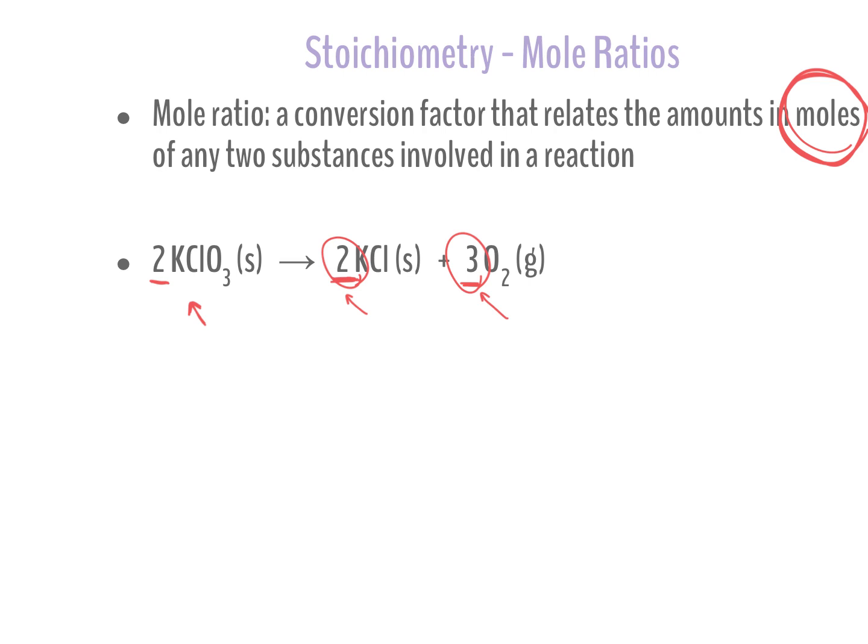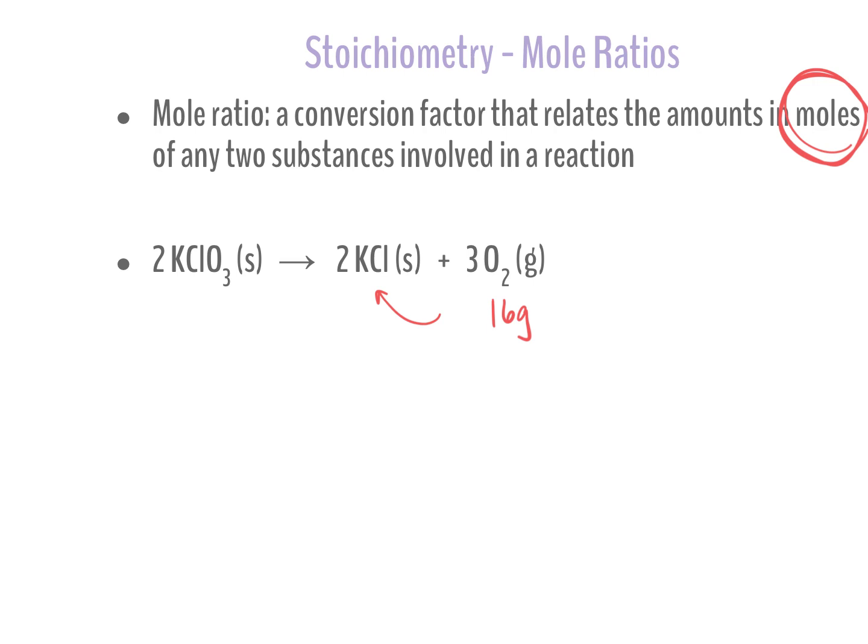So that's what we're going to make sure that we do. Another thing I want to talk about with these stoichiometry calculations is that when we do problems, we are allowed to compare any 2 substances in our reaction. Let's pose some hypothetical questions here. We could say, if I produce 16 grams of oxygen, how many grams of KCl could also be produced, right?